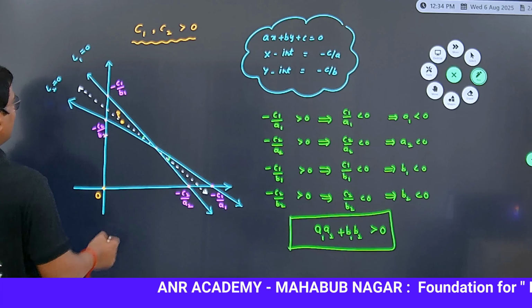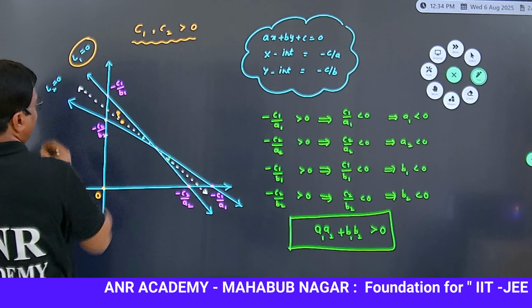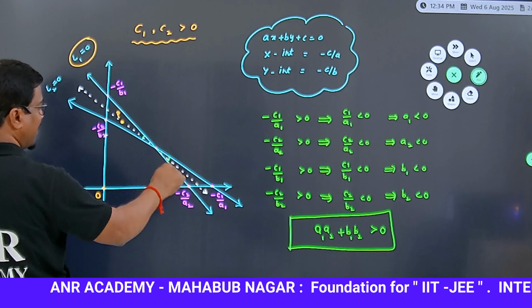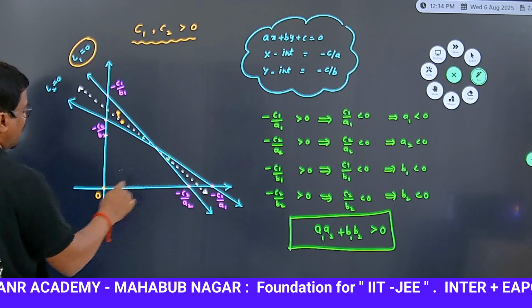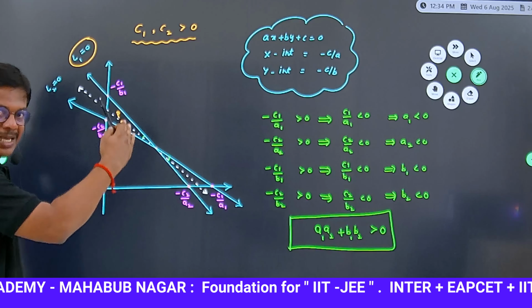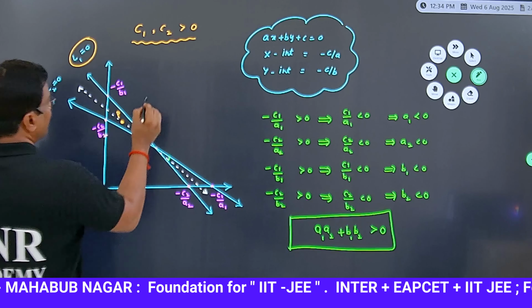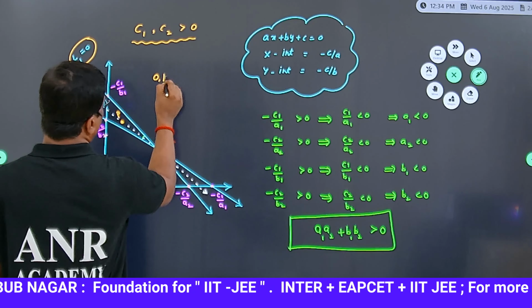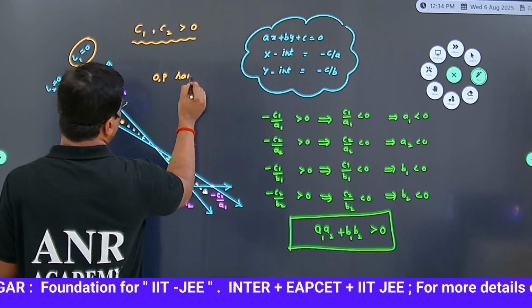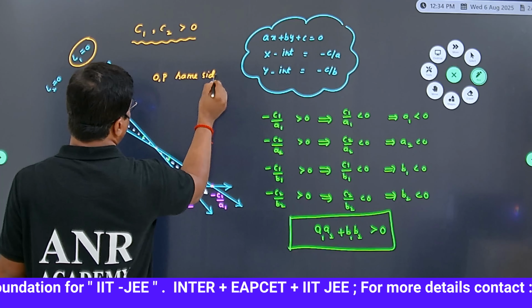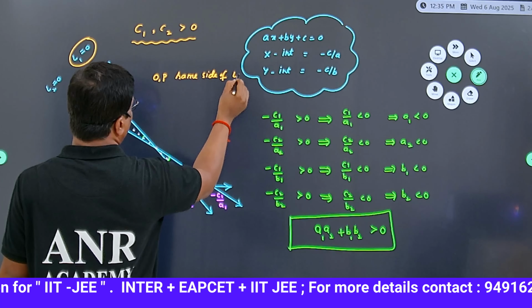See, with respect to the line L1, this is the line L1, both the points origin and P, O and P, are on the same side of L1, the first line.